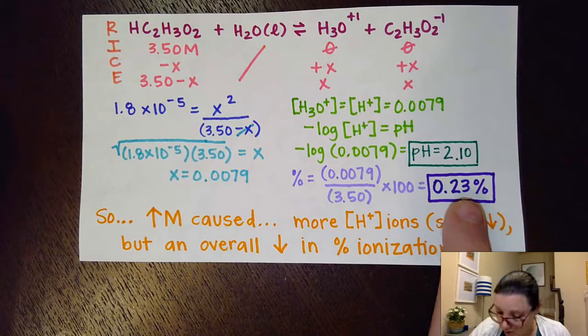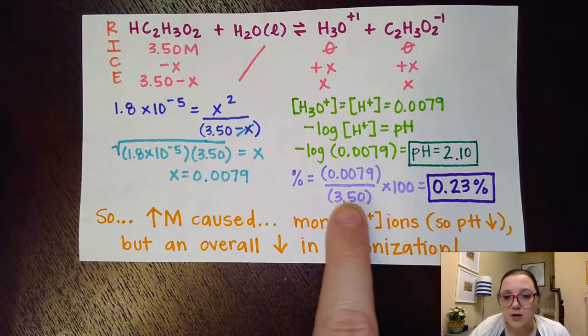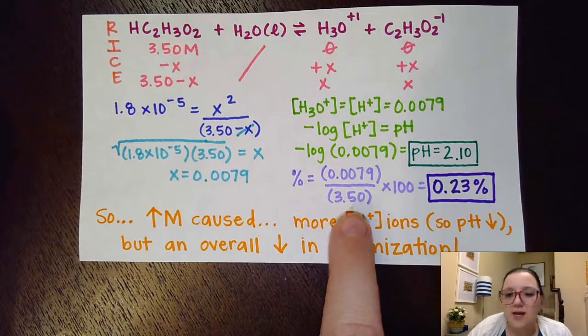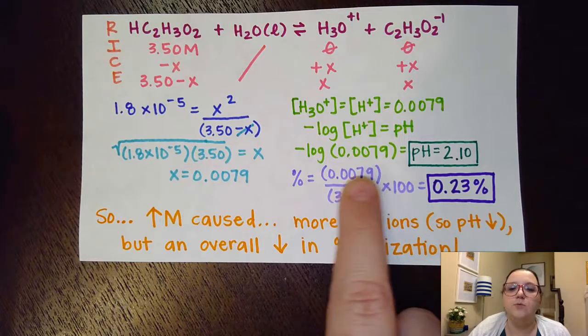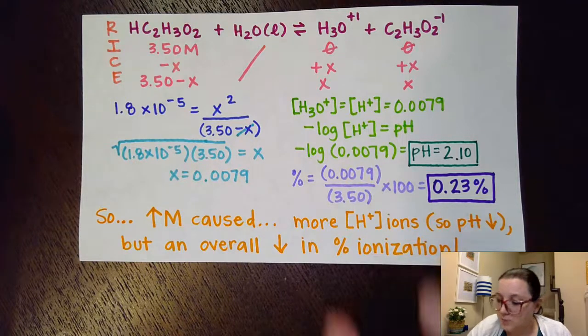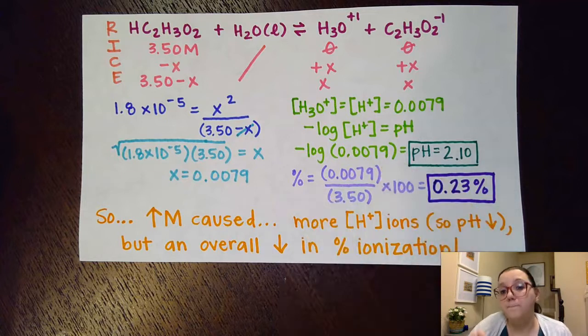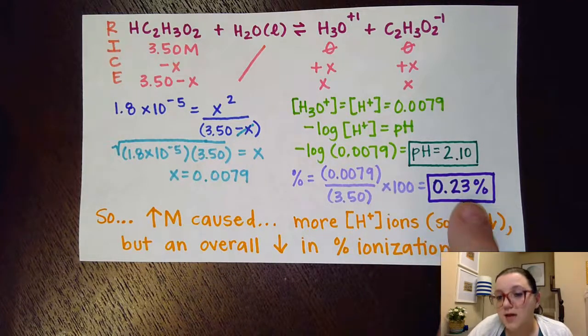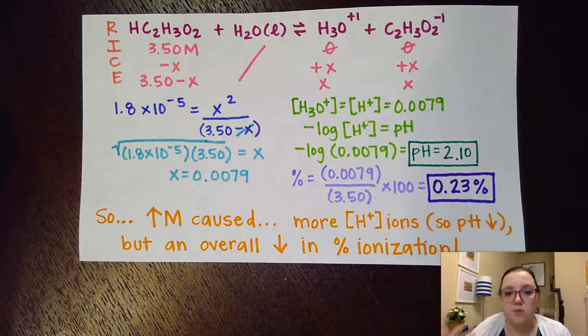The original one was 0.27 and this is 0.23. So even though I had an increase in that molarity in the denominator, I'm not getting an equal change in both numerator and denominator here. So even though these numbers, both on top and bottom, are bigger, the percent actually comes out smaller. I'm not getting the same rate of change happening in both reactants and products here.